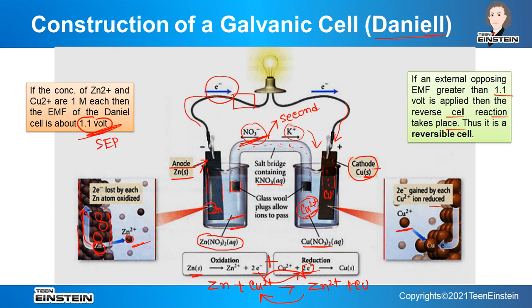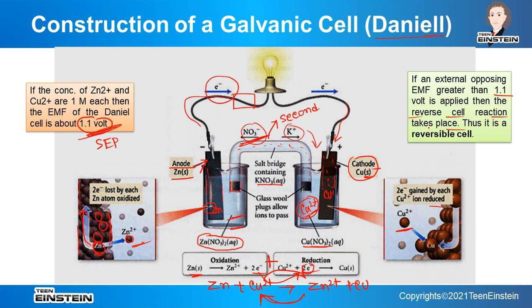That means electrical energy is now applied to forcefully make chemical energy, because the opposite reaction is not spontaneous. So it is as if the other cell we are going to discuss, the electrolytic cell. Electrolytic cell is actually used for that purpose. So now it will behave as if in an electrolytic cell.